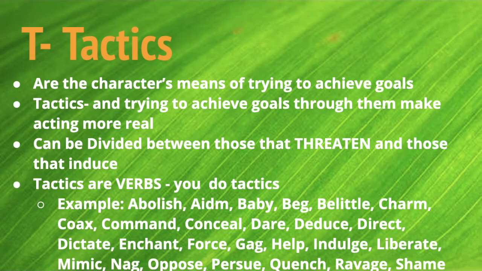So here are some examples. Abolish: you're going to abolish something to get that out of the way for your goal. Maybe you're going to baby someone to get them to do what you want. Maybe you beg, belittle, or maybe you're charming. Maybe you conceal something so you can get what you want. Maybe you enchant someone, you force them to do it.